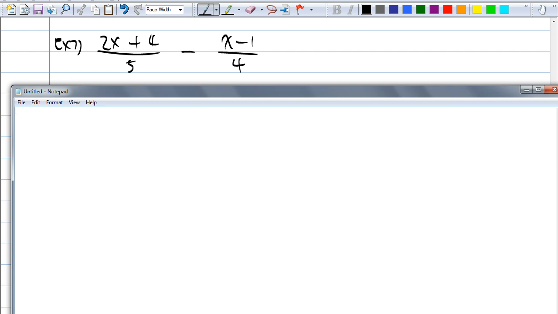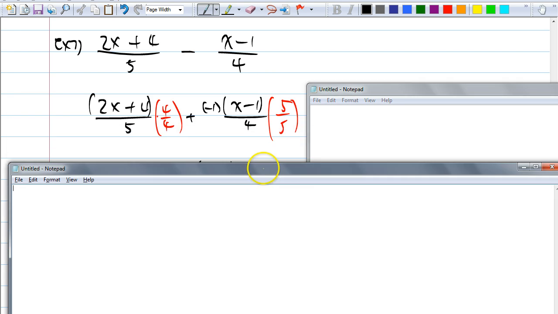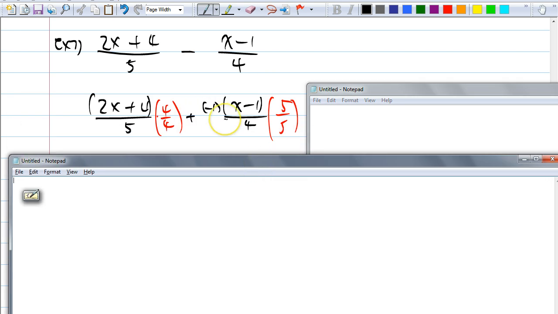You have to multiply the left fraction by 4. Good. 4 or 4 over 4? 4 over 4, okay. And then what about the second fraction? By 5 over 5. By 5 over 5 is correct, okay. And I notice I changed the addition in the middle, all right.